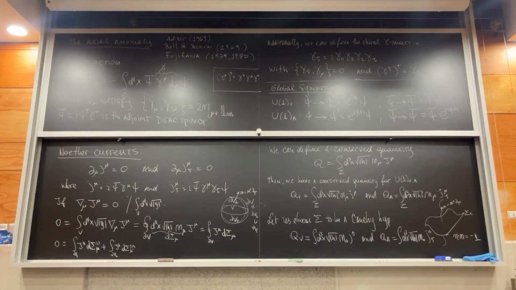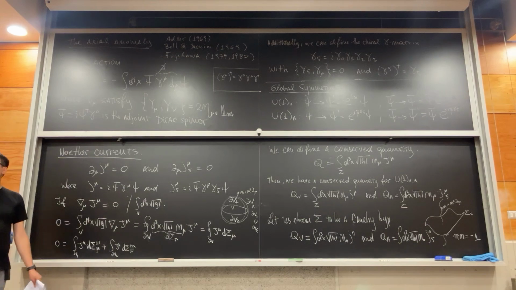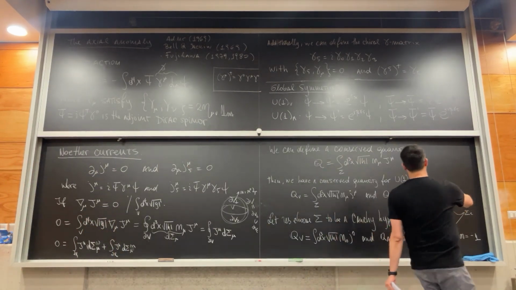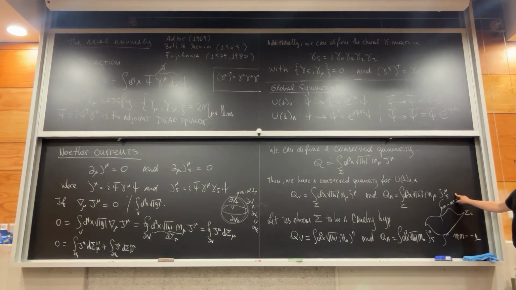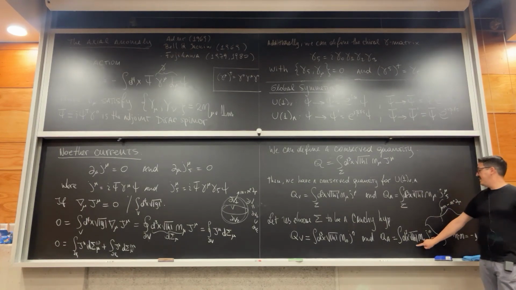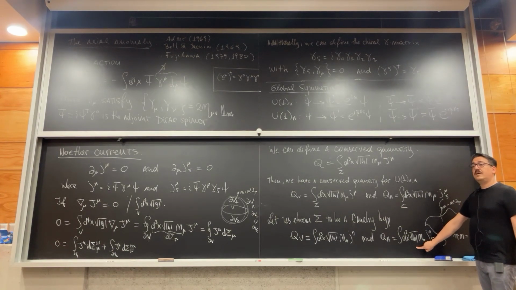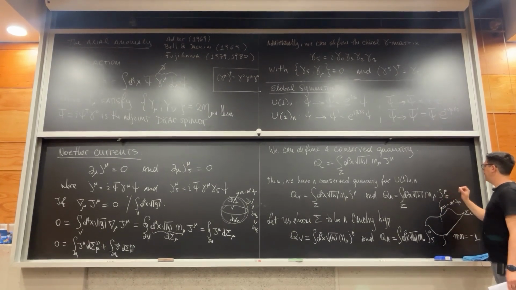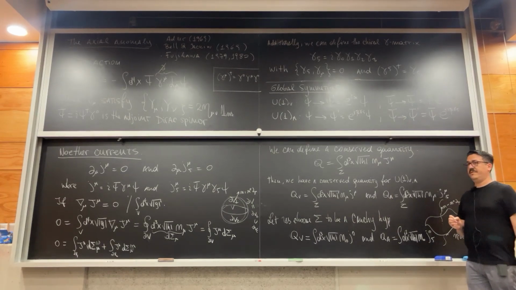Yes, quantity. J^μ. Which one? This one? No. It's J^μ or J^μ_5. Sorry, this is J^μ_5. I have a terrible handwriting, so yeah, it is 5.